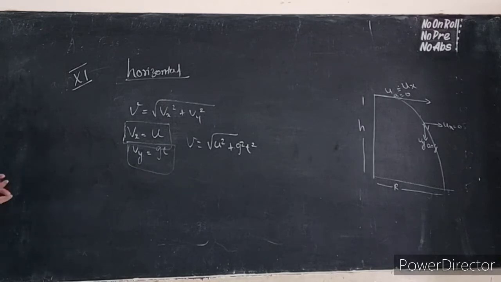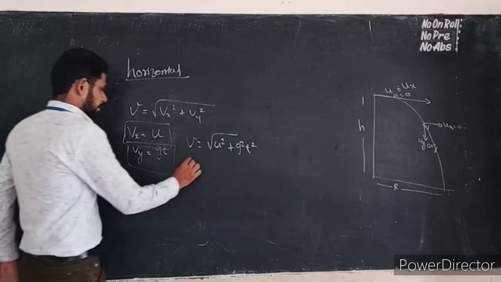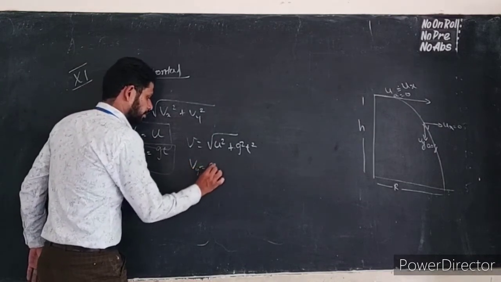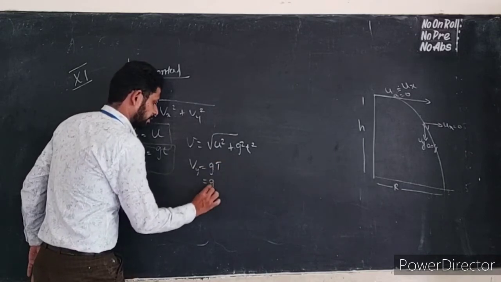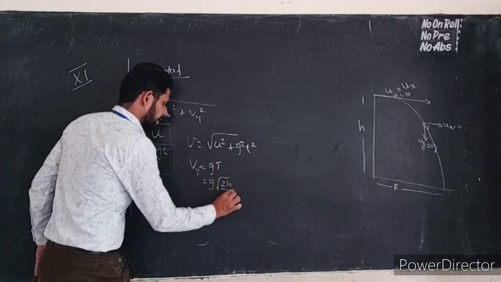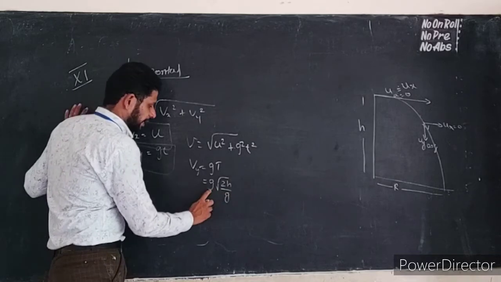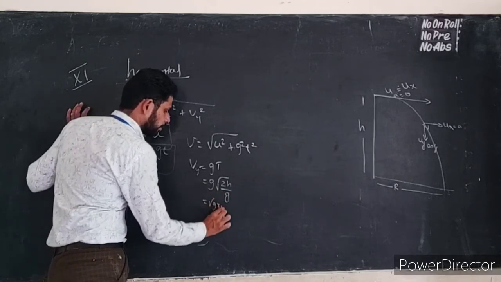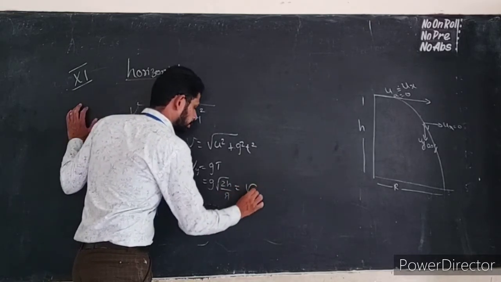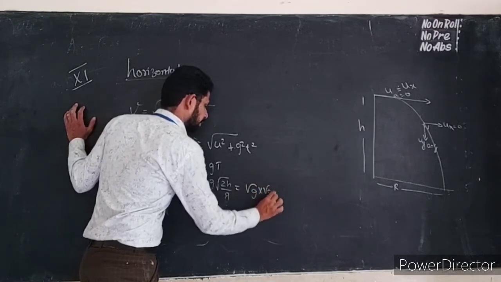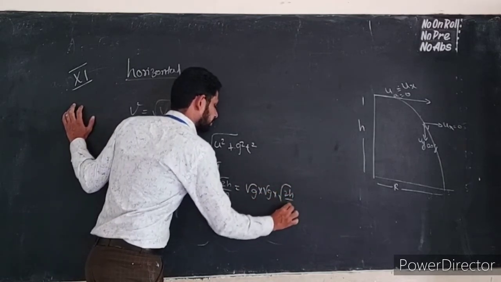What is the speed of the projectile motion? We know that vy will be equal to gt. From here, g into root of 2h by g. Here I can write this g as root g into root g, into root of 2h by g.